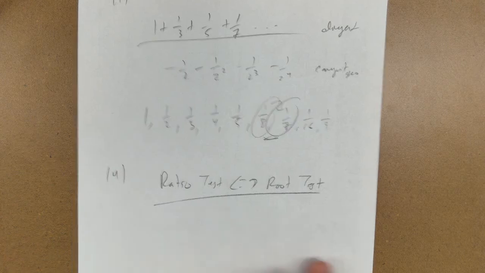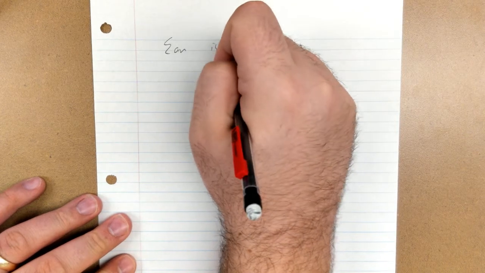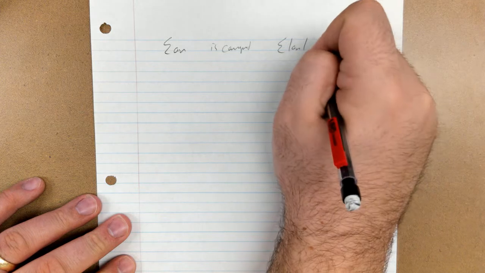Okay, and 15 has kind of a fun trick to look at. Let me grab some paper here. 15 says if a series is conditionally convergent, then the negative terms are divergent. So I'm going to do a trick here. So a_n is conditionally convergent. So this is convergent, but this is not.